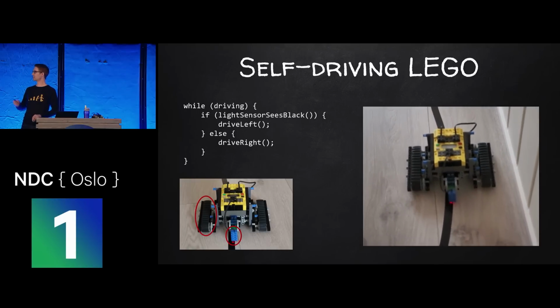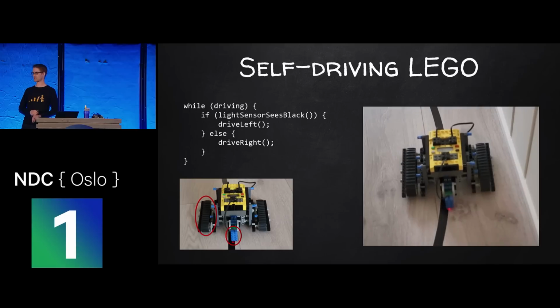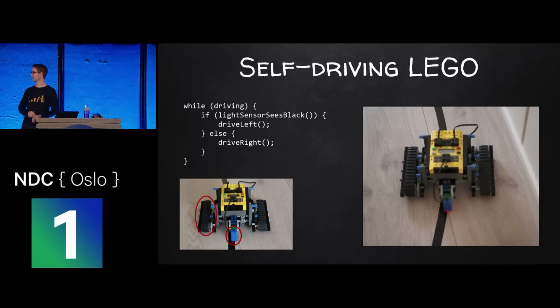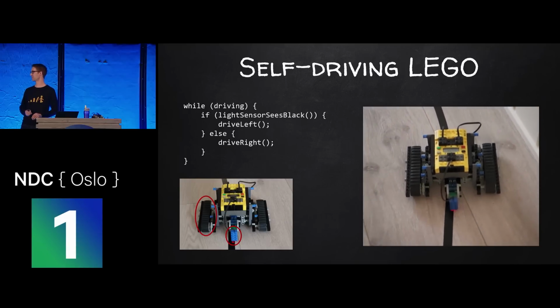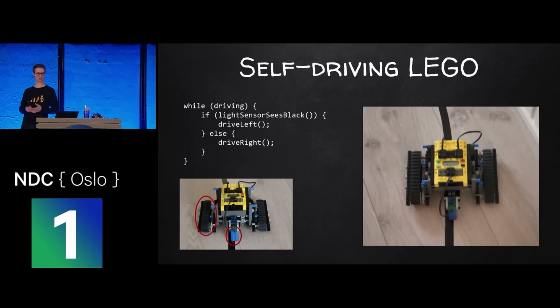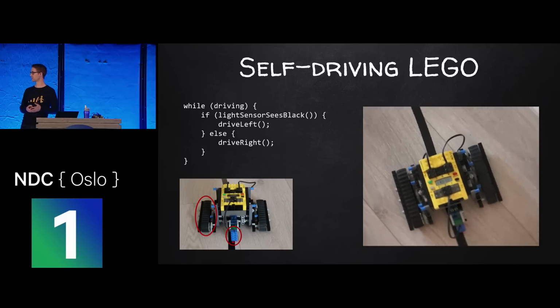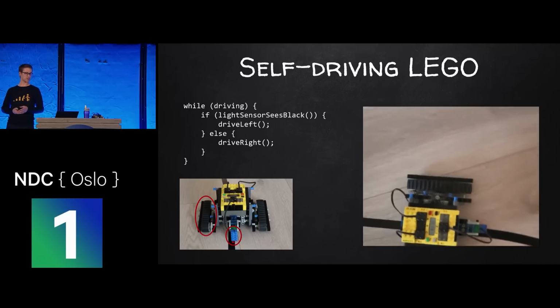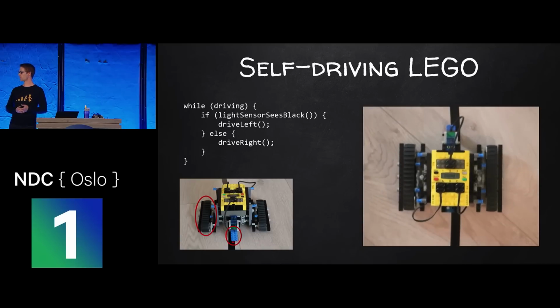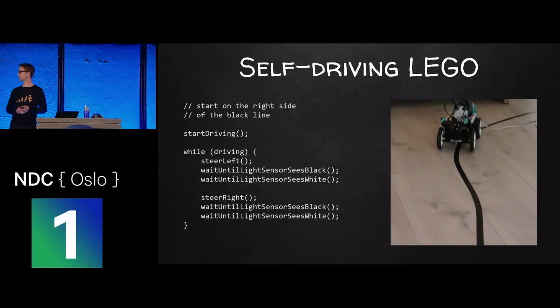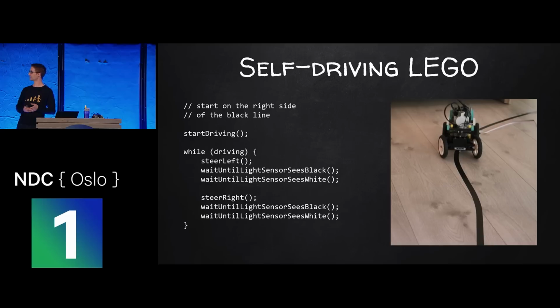But this is not a real car. As cool as it would be to have tracks on our cars at home, that's not really the case. A real car has wheels and a more normal steering. So let's try and build another robot that looks more like a car. A Lego car which has wheels and a more normal steering. Can we change the algorithm just a bit and still follow a black line?